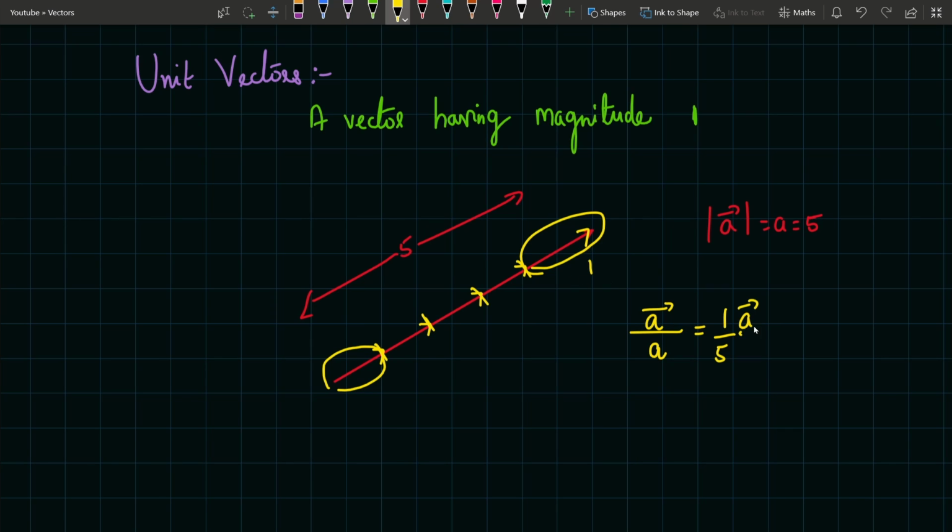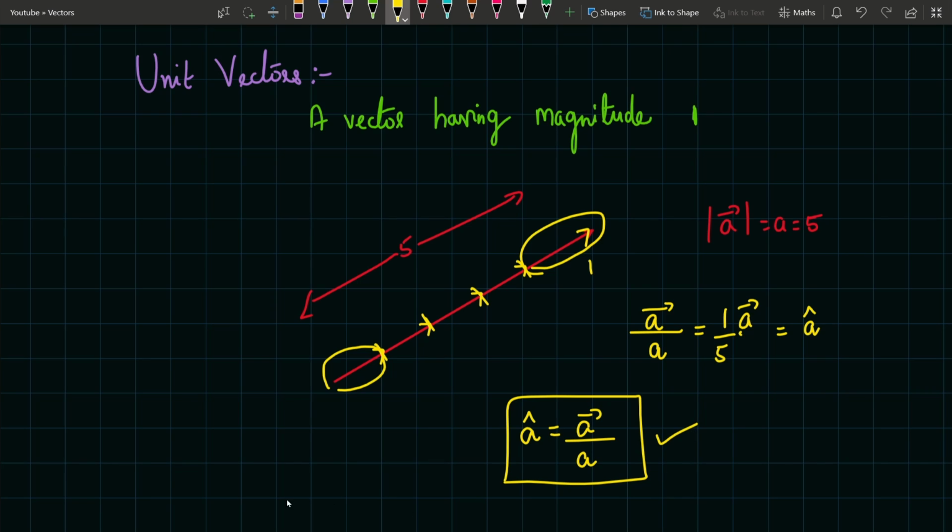So therefore I'll get a vector of magnitude 1 and in the same direction. How to represent that? I can represent that using a cap. All unit vectors are generally represented like this, using a cap symbol. Therefore, how to create a unit vector? Take a vector and divide by its own magnitude, so that you get the unit vector in that direction.